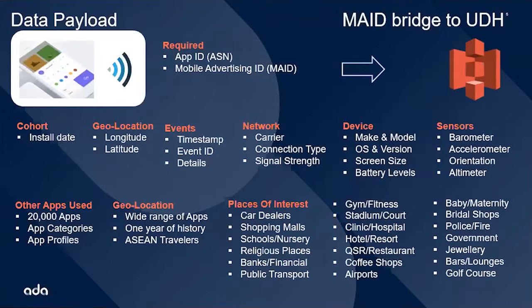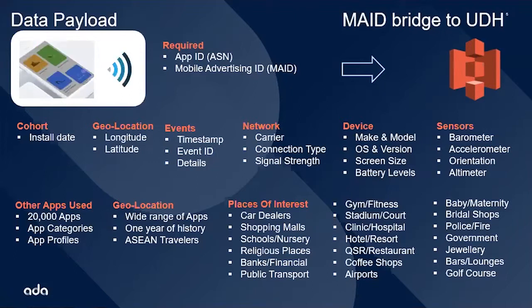Shopping malls also reveal something about lifestyle. Are these users or these devices showing up at shopping malls only on weekends or frequently, or which shopping malls? Many are always the same. Same thing with schools, nursery, colleges, and universities, and so on.